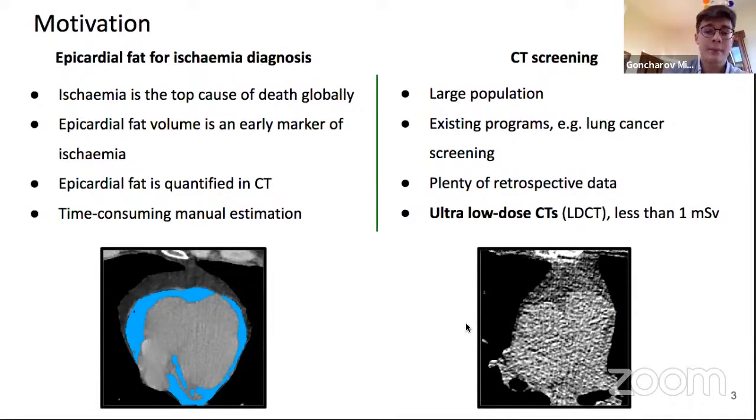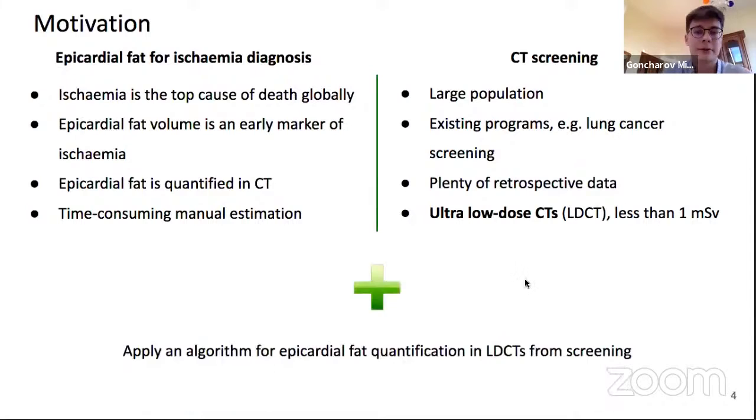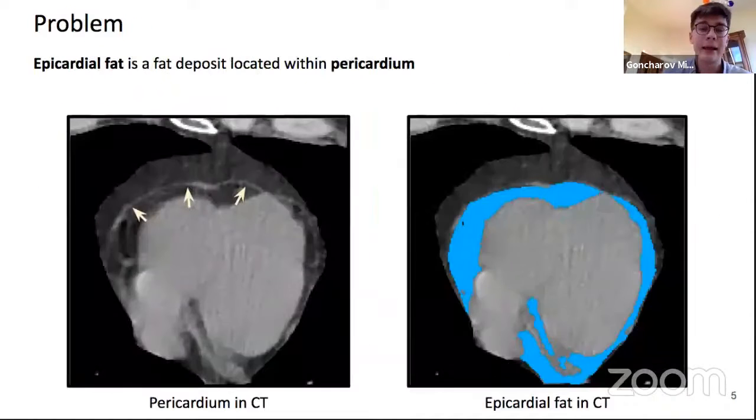So summing up, let's develop and apply an algorithm for epicardial fat quantification in low dose CT images from screening programs to early diagnose the patients who can potentially have ischemic heart disease.